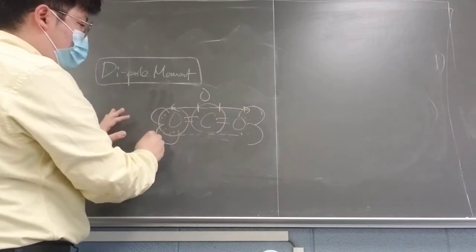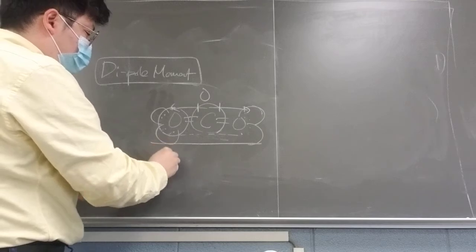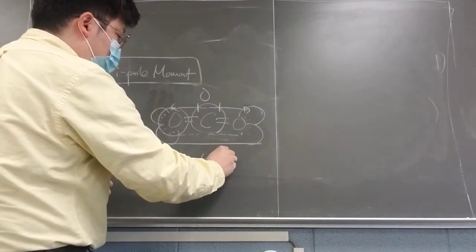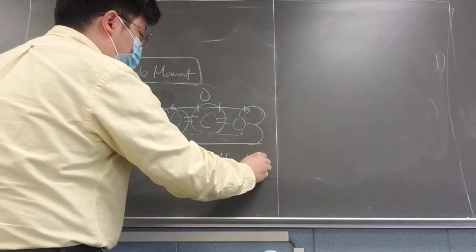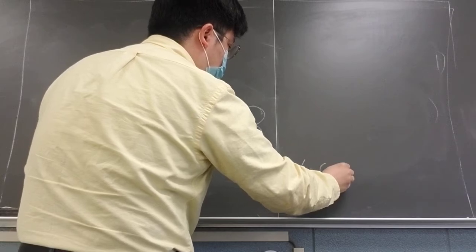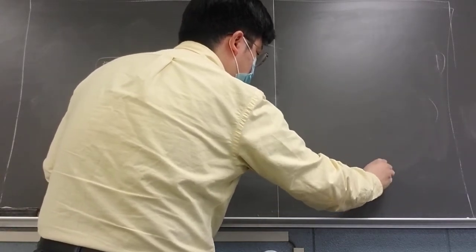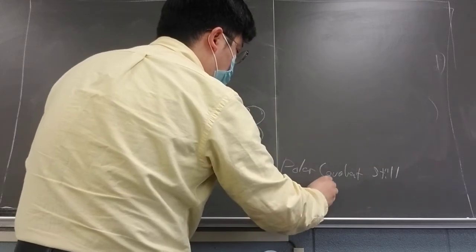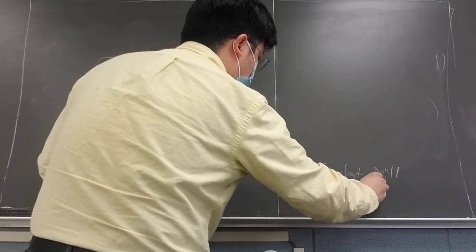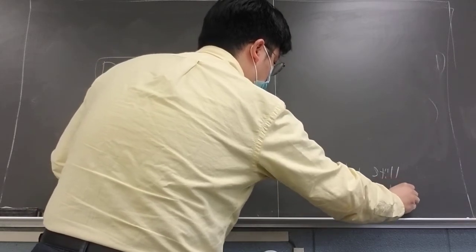So carbon dioxide is a very good example of a molecule that has polar covalent bonds, but is still a non-polar molecule.